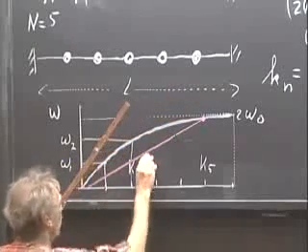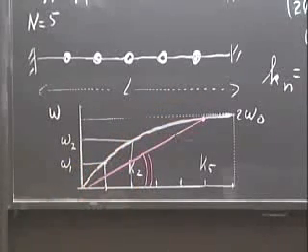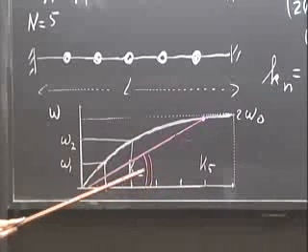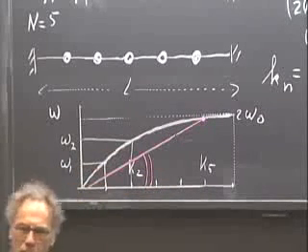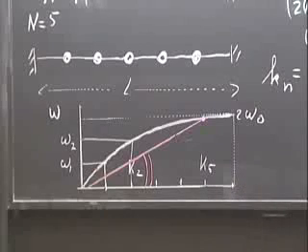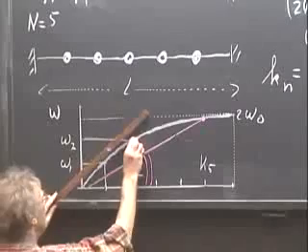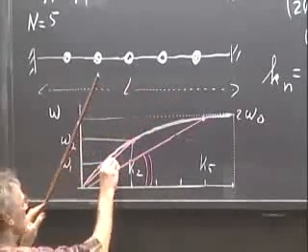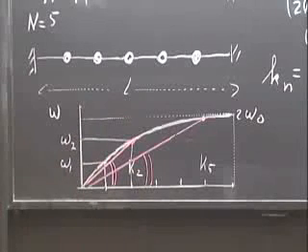And then this angle is a measure for the speed of propagation, because the speed of propagation is omega divided by k. So the slope is a measure for the propagation speed. And you see that if I go to this point here, and I draw this line, the slope is larger, and so the speed is larger.